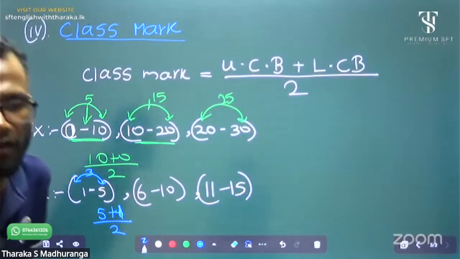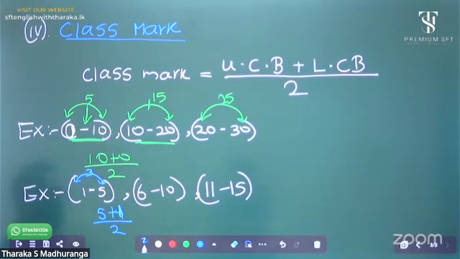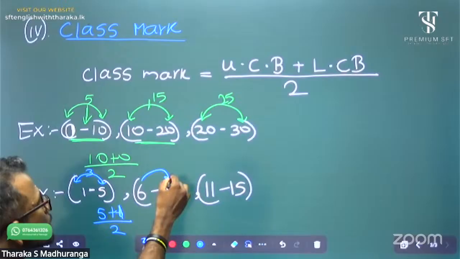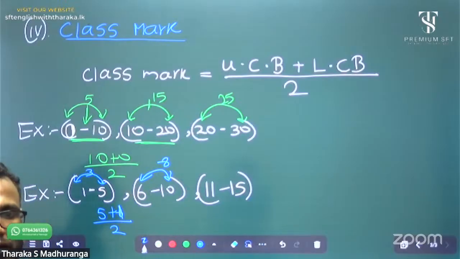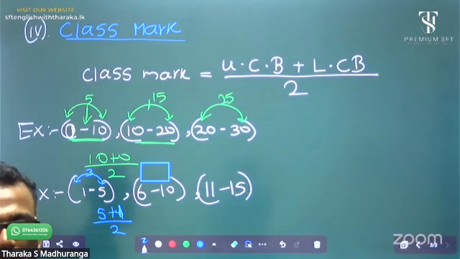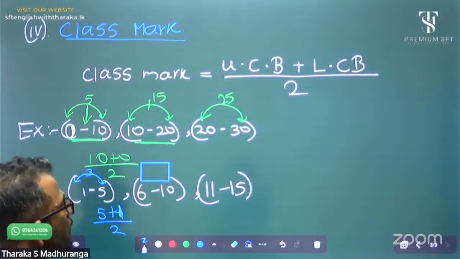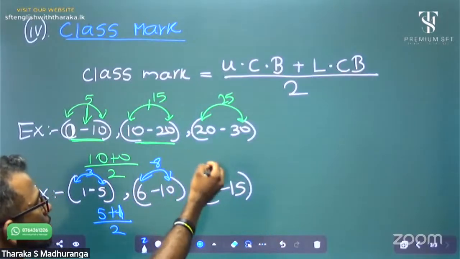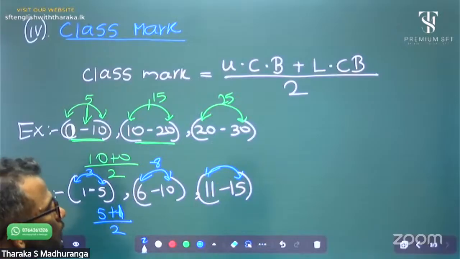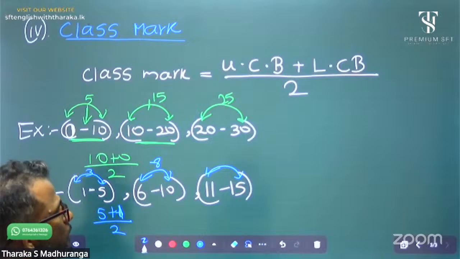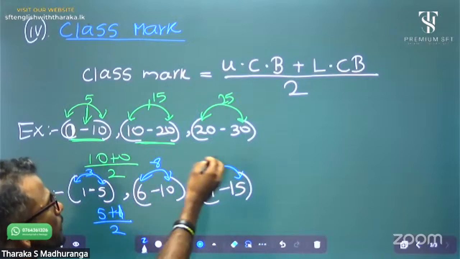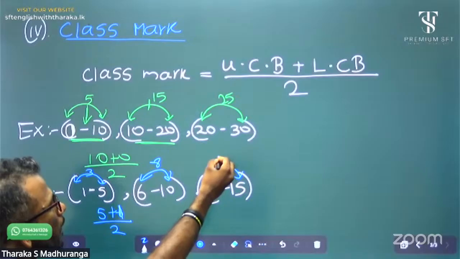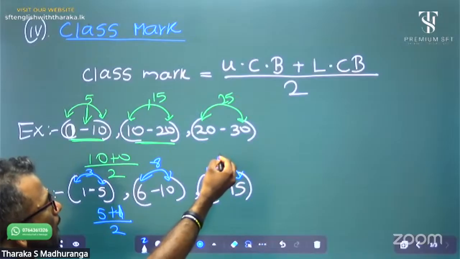Correct? Kabir, what do you think? Then 6 plus 10, 16. 16 over 2, 8. 11 plus 15, 26. 26 over 2, 13.